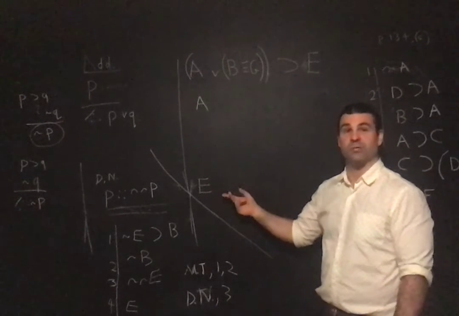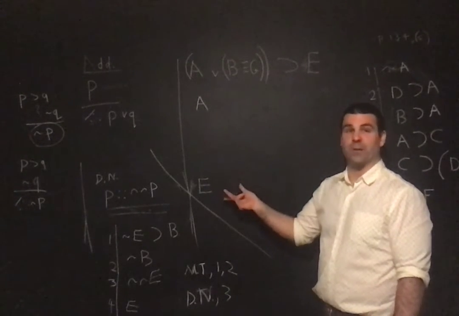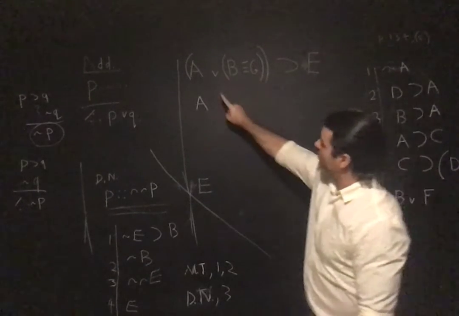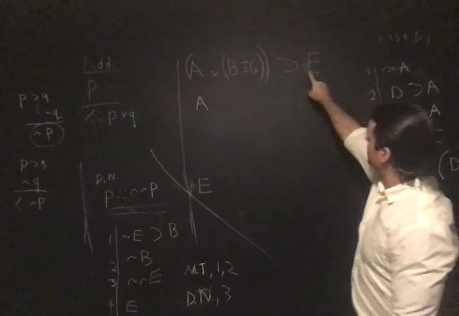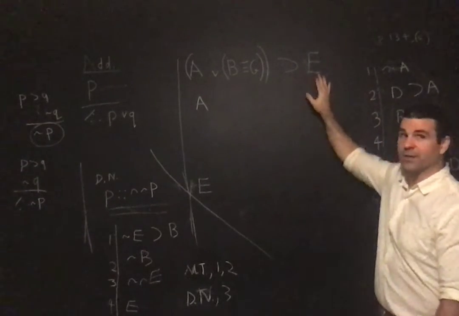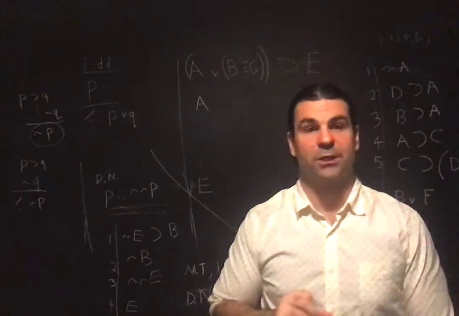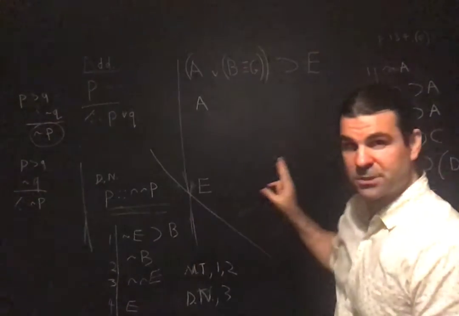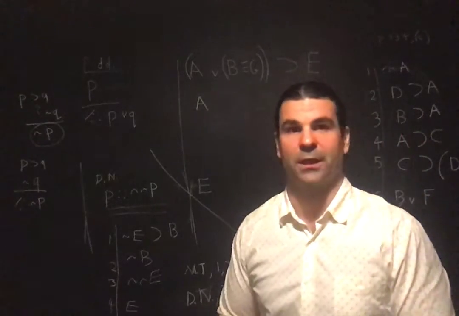It's E. Where does this formula, plus or minus a negation, occur amongst the premises? Oh, look, just here: E. Next question, it occurs as what? It occurs as the consequent of a conditional.